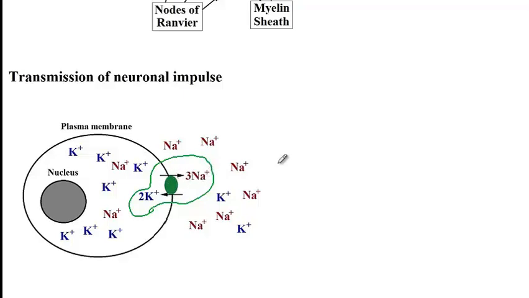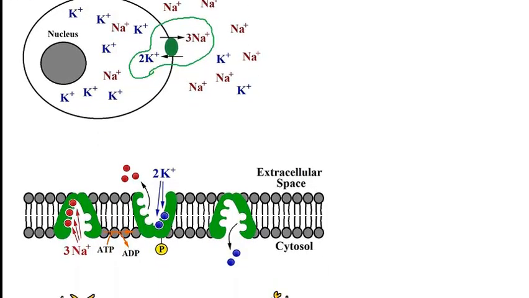So here is another image of the sodium potassium pump. You can see that we have inside the cell at the bottom of the image and outside the cell on top of the image. So by using ATP, this pump is transferring 3 sodium out of the cell, and in exchange it will bring 2 potassium inside the cell.